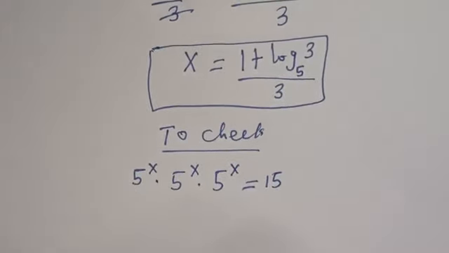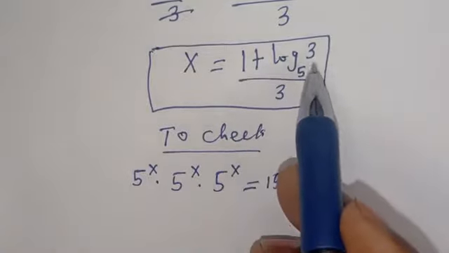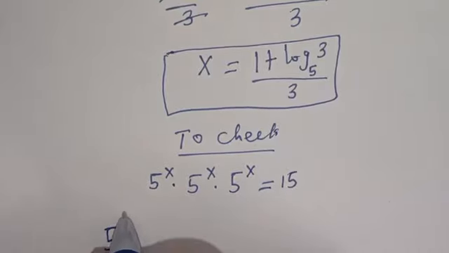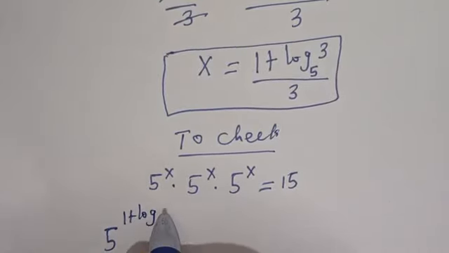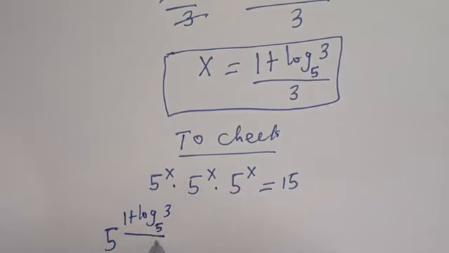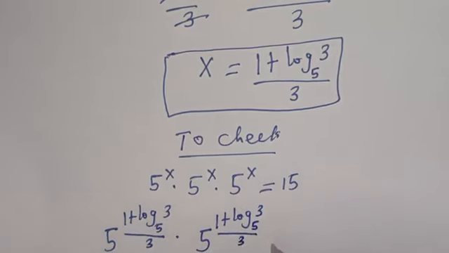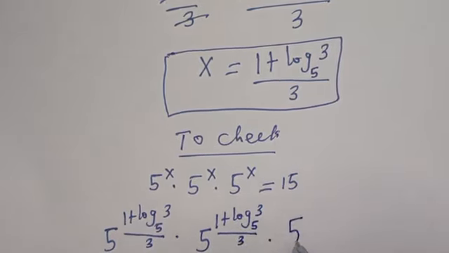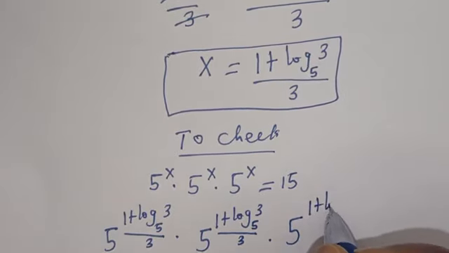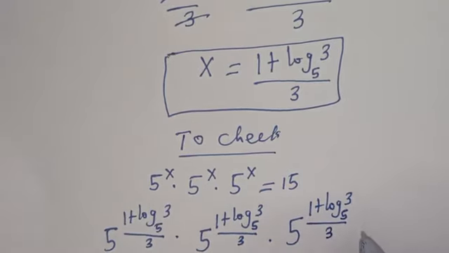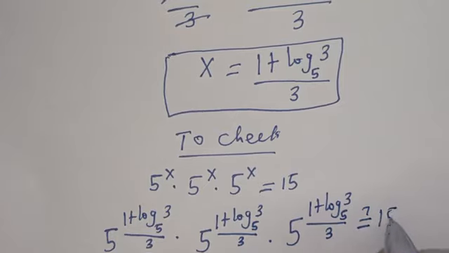Then, if x is 1 plus log 3 base 5 divided by 3, we have 5 to the power of (1 plus log 3 base 5)/3, multiplied by 5 to the power of (1 plus log 3 base 5)/3, then multiplied by 5 to the power of (1 plus log 3 base 5)/3. Everything must be equal to 15.